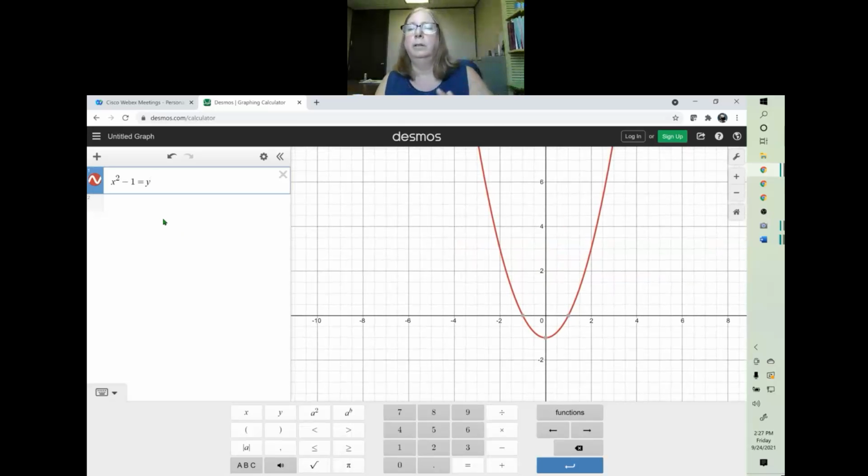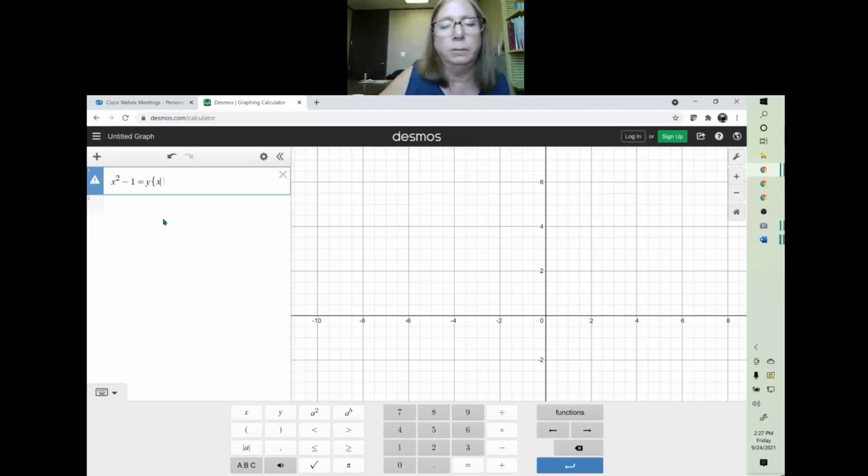Now, in order to use the piecewise part, where it said if x is less than or equal to 0, what you use is the curly bracket. And you put x less than or equal to 0.